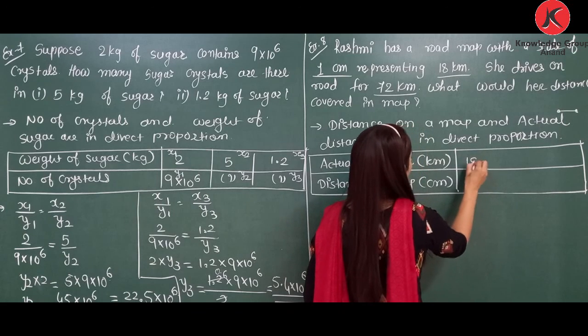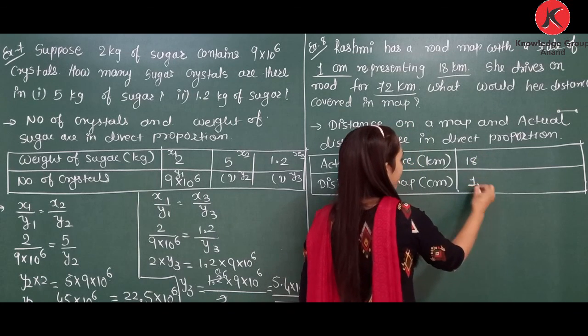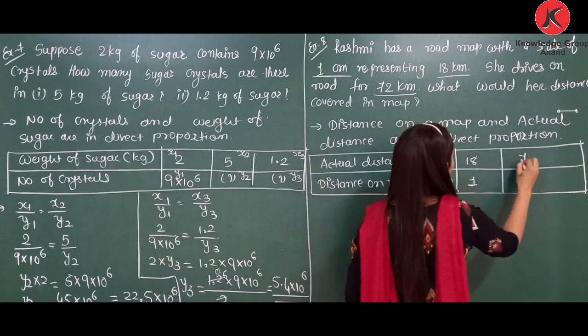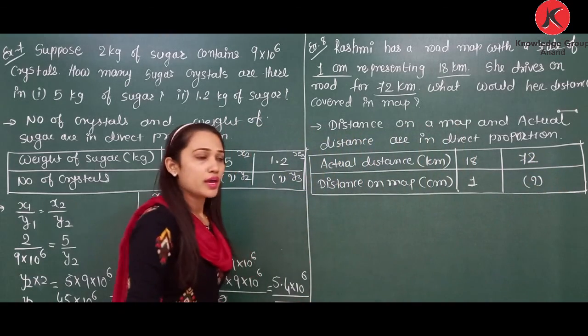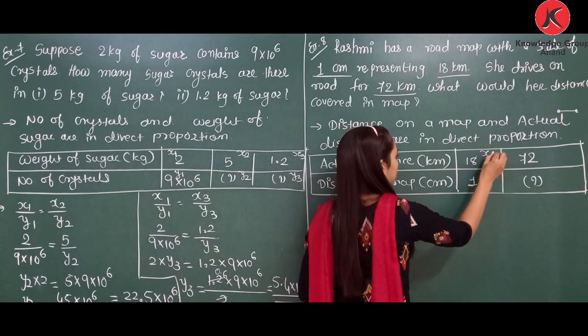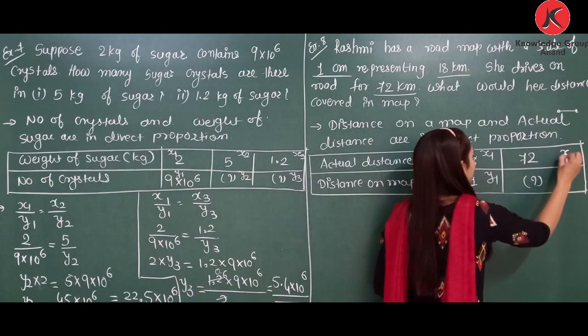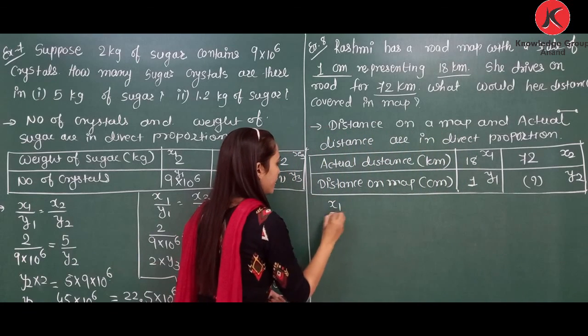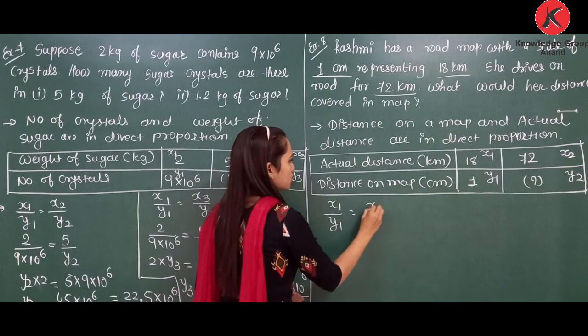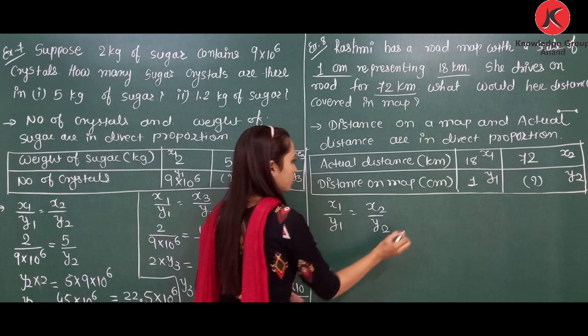So if it is 18 km, the distance on the map is 1 centimeter. So if she covers 72 km, what is the distance on the map? So this is x1 y1, this is x2 y2. Now it is in direct proportion, so we can write x1 divided by y1 is equal to x2 divided by y2.